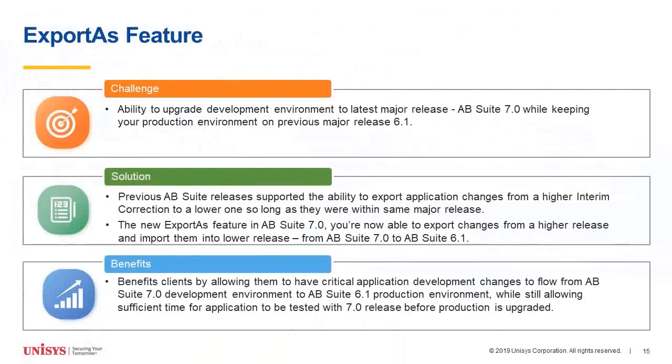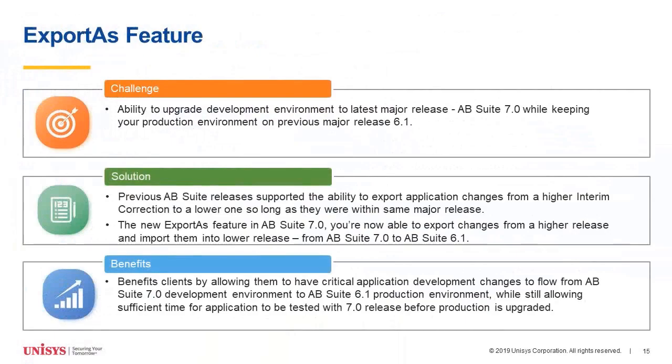Now with the AB Suite export as feature in AB Suite 7.0, clients can export changes from the 7.0 release and import them into the previous release, which is 6.1. So they can use the development environment in 7.0 and the production environment in 6.1. This brings in two major benefits.